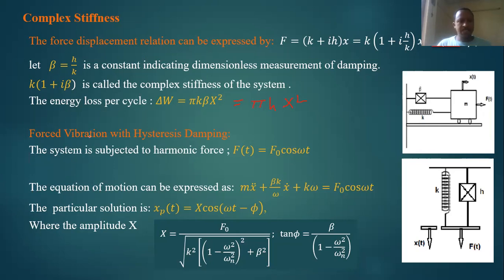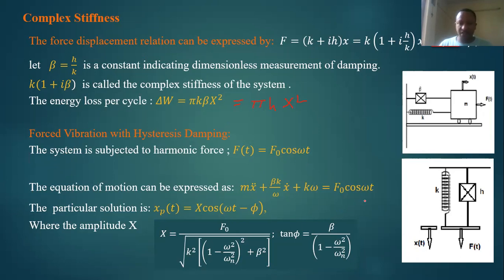In the case of forced vibration, we'll see this part later, not now, but just to consider, assume f of t, which is f naught cos omega t, as an excitation force. Previously, what we discussed was with no force, but here we assume forced vibration with hysteretic damping.